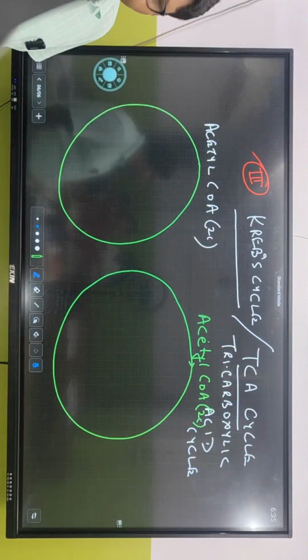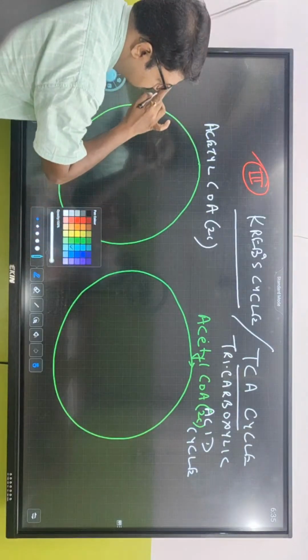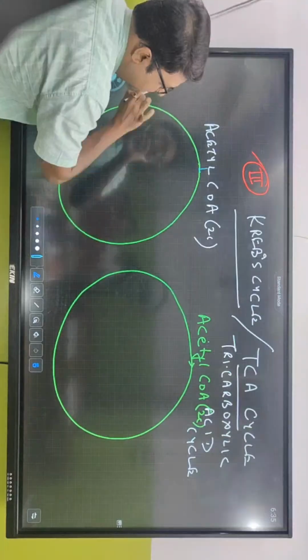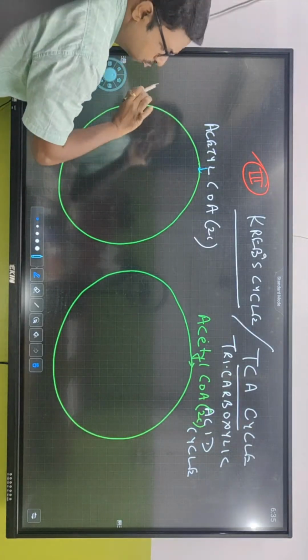Okay. Now I'm trying to fix it in one particular thing. Now this Krebs cycle, acetyl coenzyme A, when it gets inside this Krebs cycle, see how to remember this.